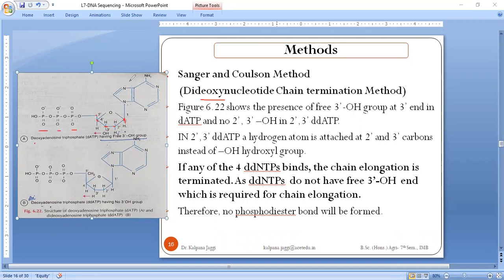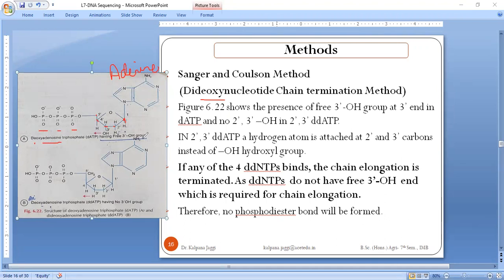But here this purine is adenine. This purine's name is small, so it is a double ring structure. Pyrimidine's name is larger, that will be a single ring structure. Okay, so this is adenine, the double ring structure of adenine. So instead of nucleotide, here is written adenosine. That means it is referred to as deoxyadenosine triphosphate.